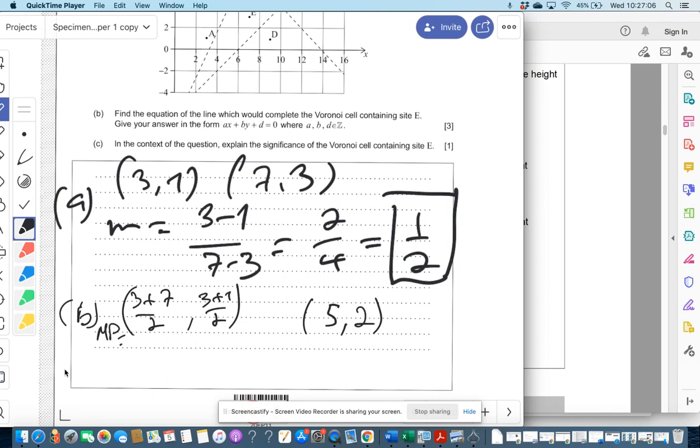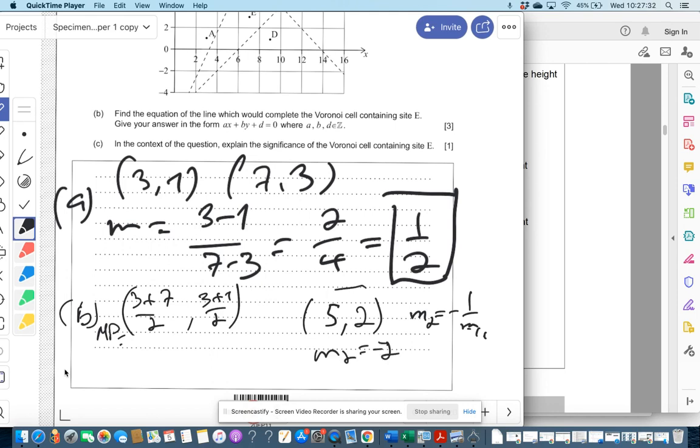Okay, so we're going to use the negative reciprocal of 1 over 2. So you're basically turning that upside down, or you're using a formula similar to this. Turn it upside down and multiplying it by -1. So the perpendicular gradient M2 is equal to -2.